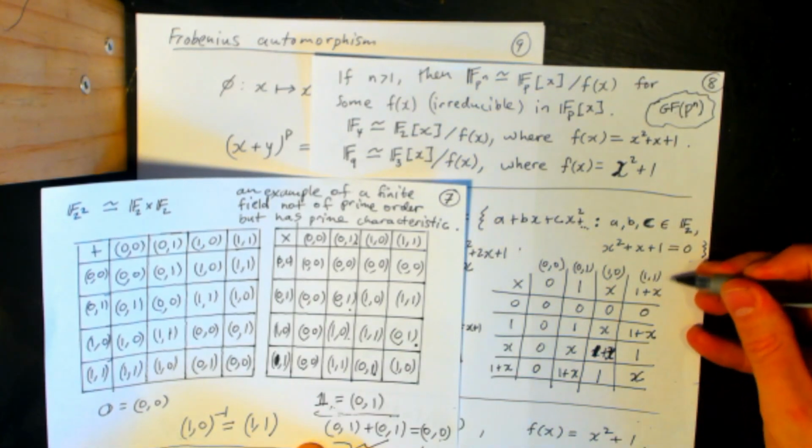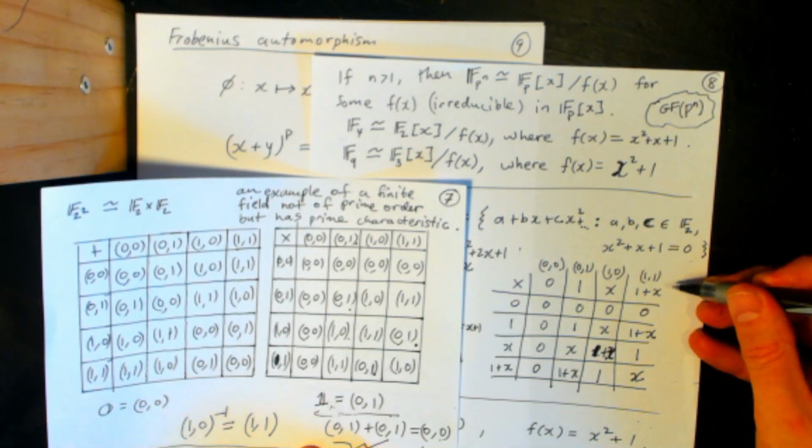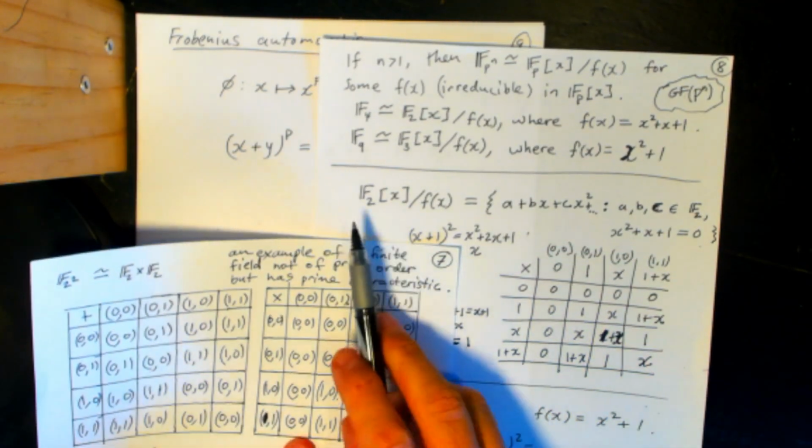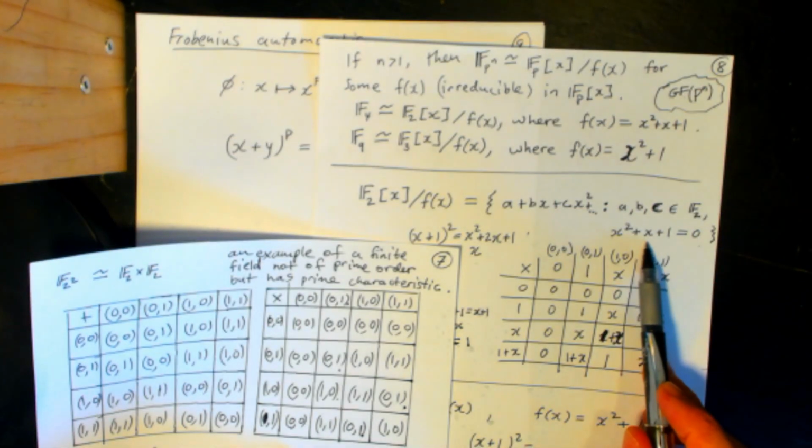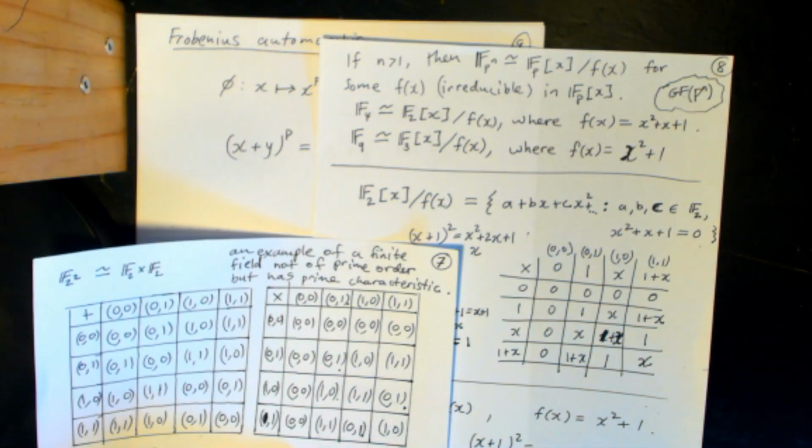Okay, so we have a rule for associating these in this polynomial ring modulo x squared plus x plus 1.